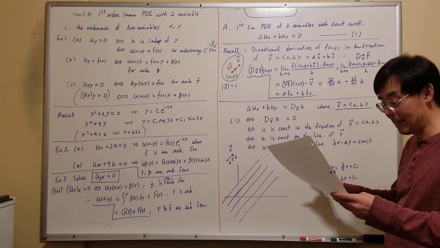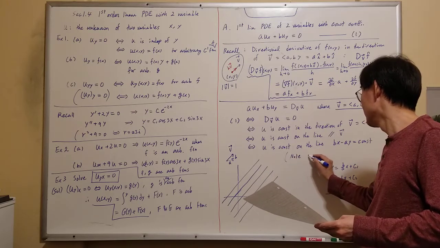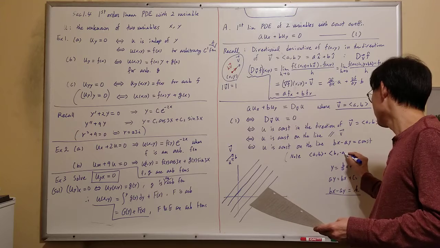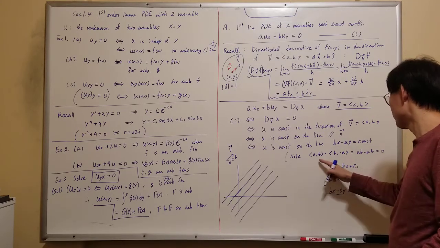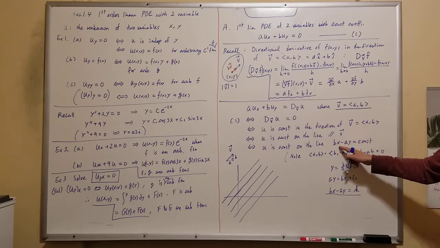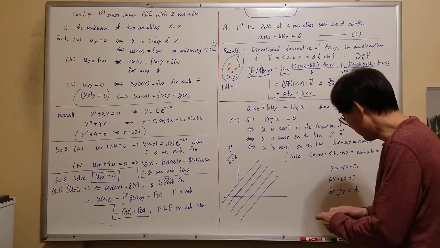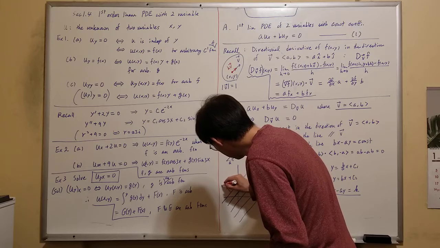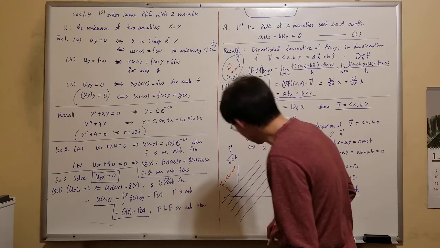And note that the vector (a,b) has dot product with (b,-a) equal to 0, a perpendicular vector, right? So this is another way of writing your line equation, whose normal vector is (b,-a).